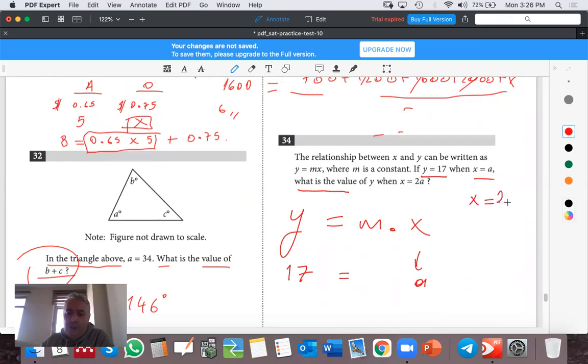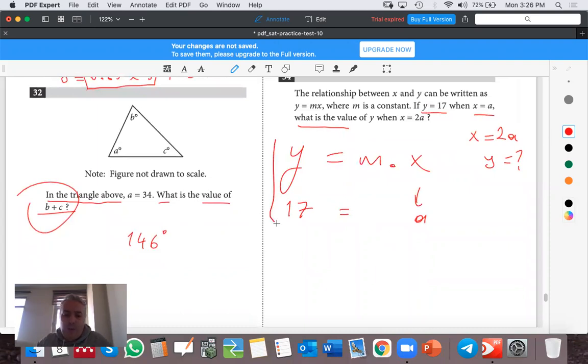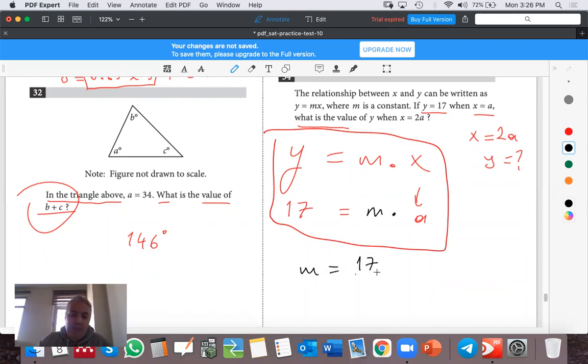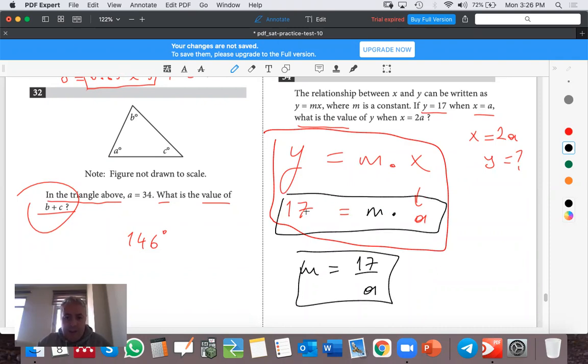Here, by using this equation, what can I say, dear ladies and gentlemen? I can just calculate m. What is m? m is 17 over a. By using this information, 17 given, a given, so the not given one is equal to 17 over a.